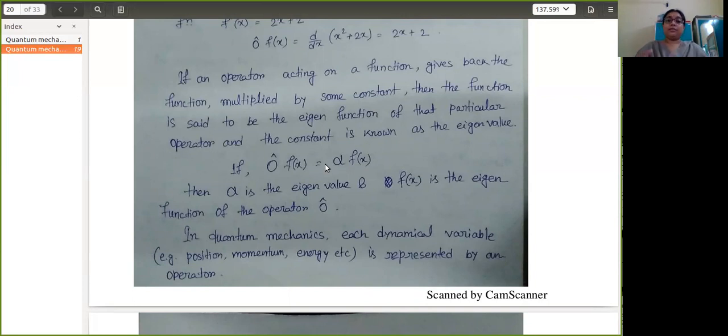For example, what is d dx of e to the power ax? It will be a into e to the power ax. So we are operating d dx on the function e to the power ax, and we are getting a, the constant, multiplied by the function e to the power ax itself. So in this case, e to the power ax is an eigenfunction of d dx with the eigenvalue a.